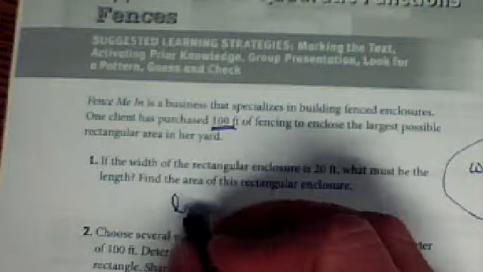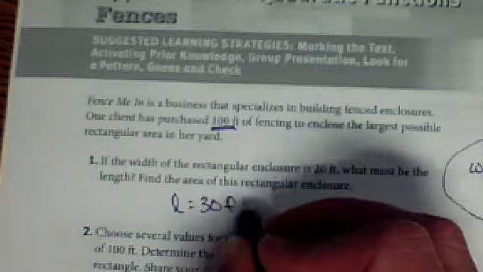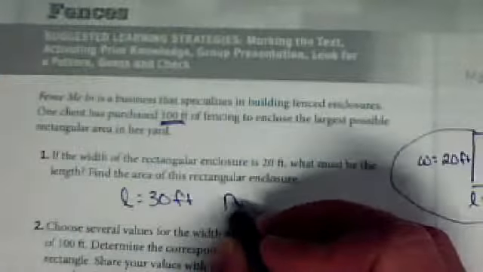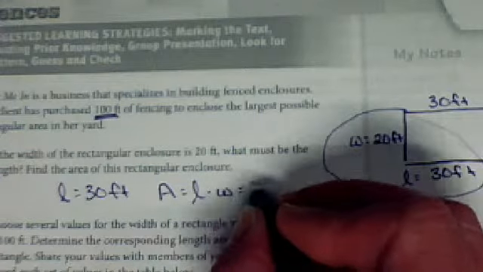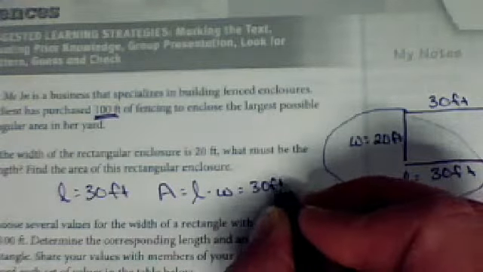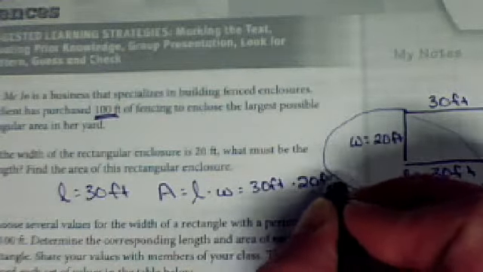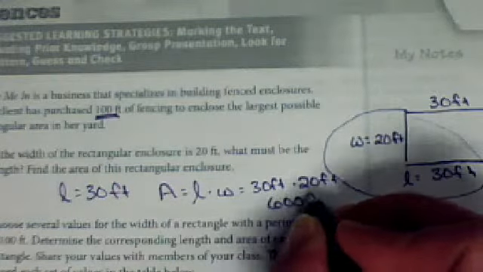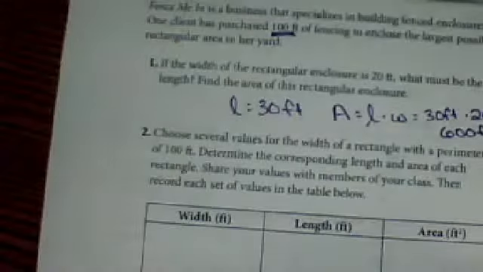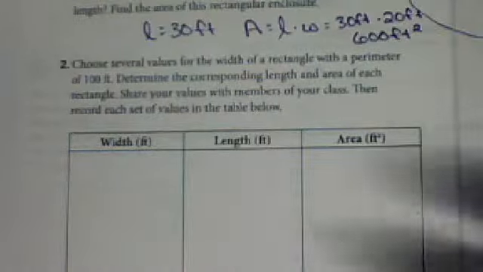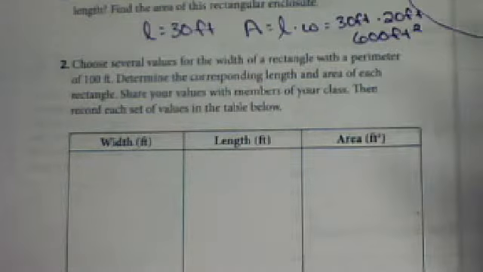So our length would have been 30 feet, and the area, if we can remember way back into geometry, it's length times width. So we'd have the 30 feet times the 20 feet, which would give us 600 feet squared. Now, let's think about some other values that we could have for our length and width.